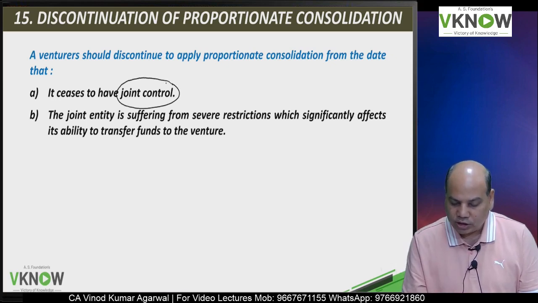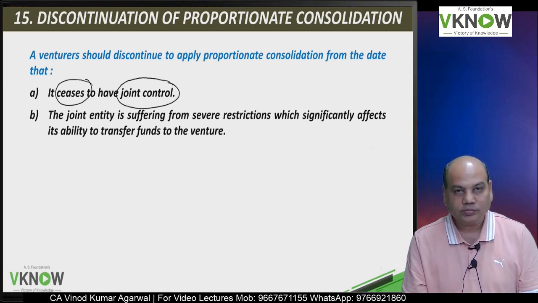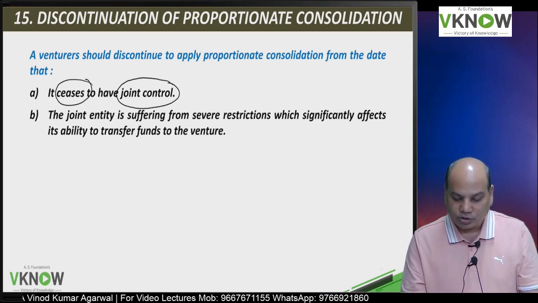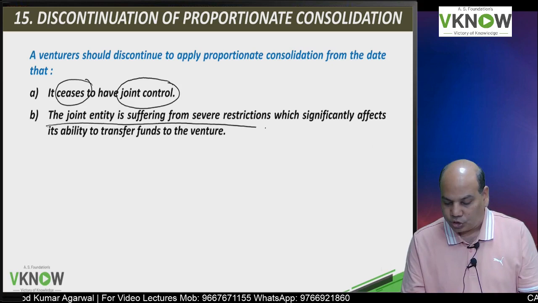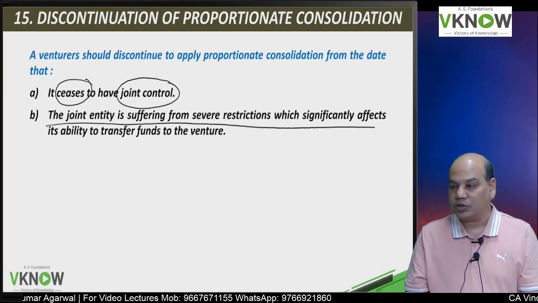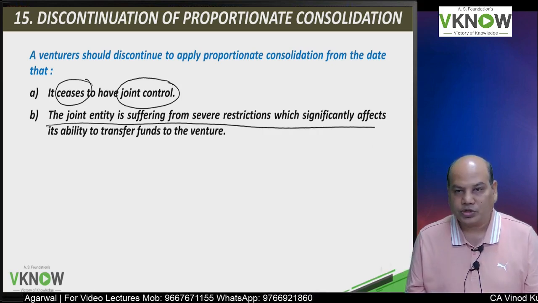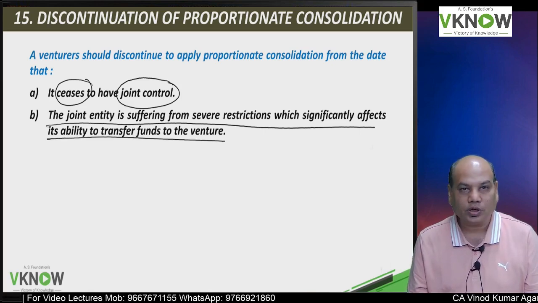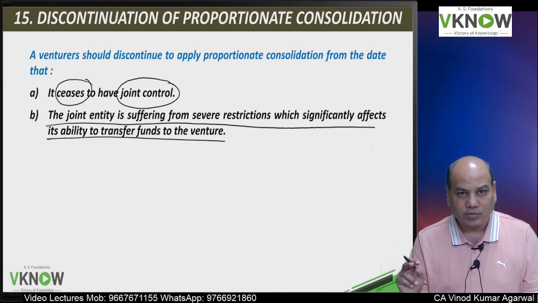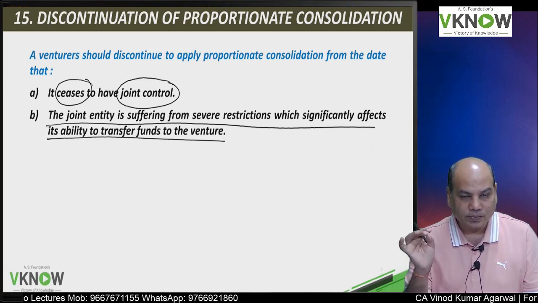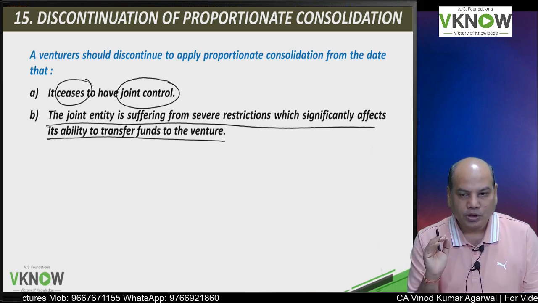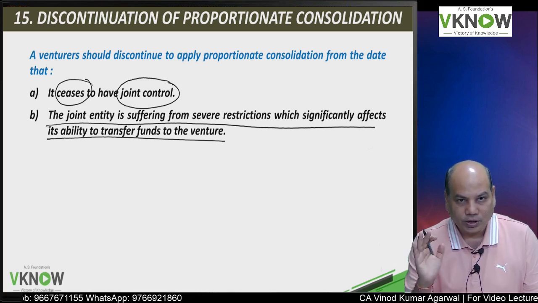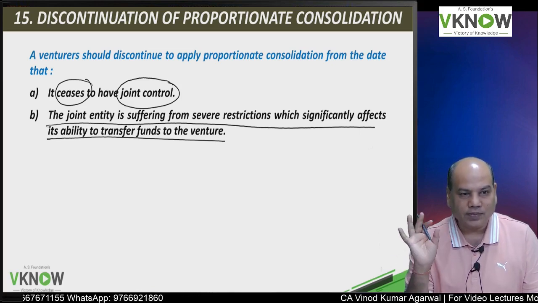If that joint control is lost, AS27 is not applicable. Second, is the joint entity suffering from severe restrictions which significantly affect its ability to transfer funds to the venturer? The same point was covered in the earlier discussion also. Suppose you have a joint venture entity in a foreign country, let us say Afghanistan.